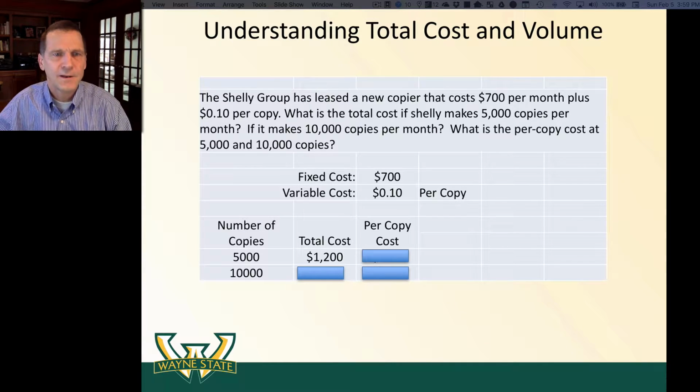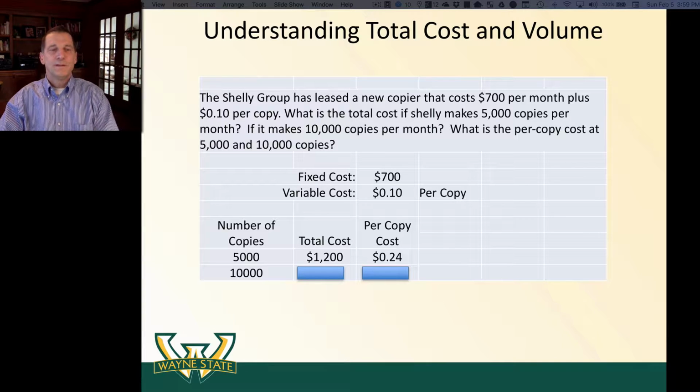Or no, it's 50, right? Yeah. And no, it's 500. Okay. And that'd be total cost of $1,200 per month, 700 plus 500. Our per copy cost is taking the 5,000 copies and dividing them into the 1,200. So 1,200 divided by 5,000 is 24 cents per copy if we copy 5,000 per month.